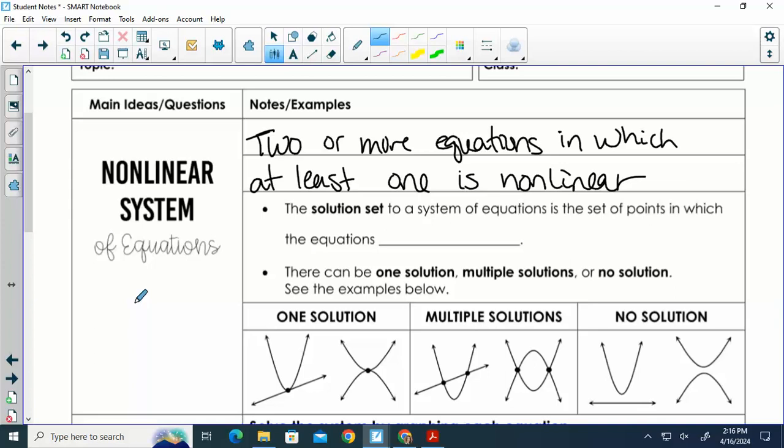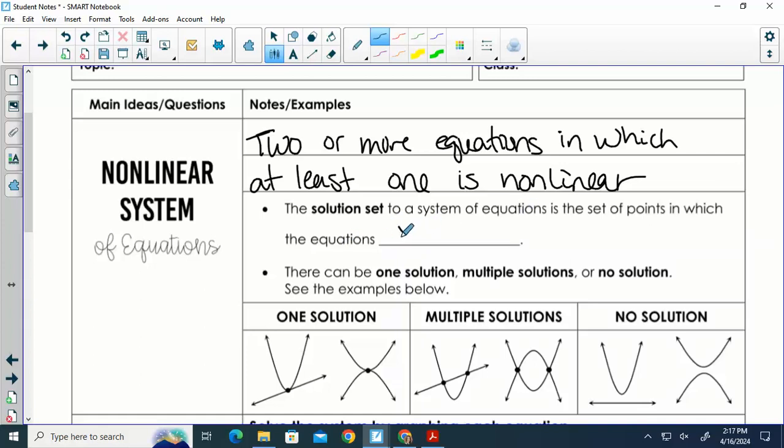So sometimes we had two equations for the same line, so it was all real numbers. Sometimes they met in just a single point. If we had parallel lines, how many times do parallel lines meet? 0, and then it was a no solution. So we are looking for any points that make both equations true.